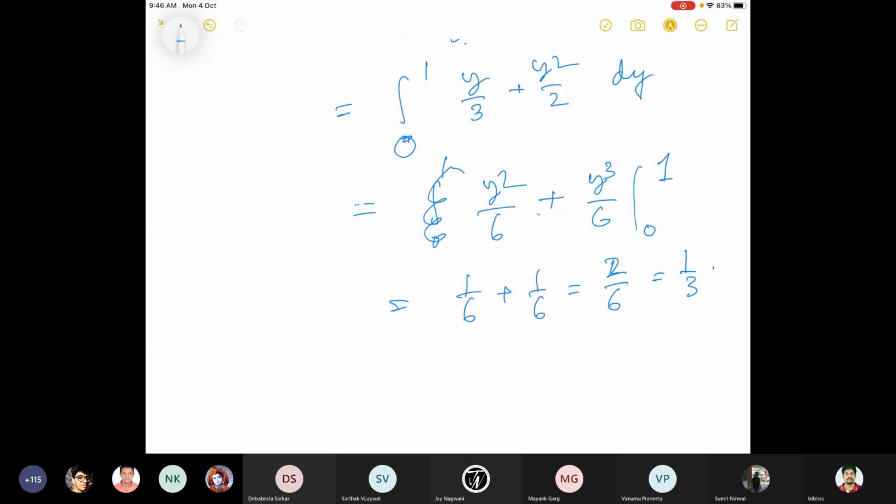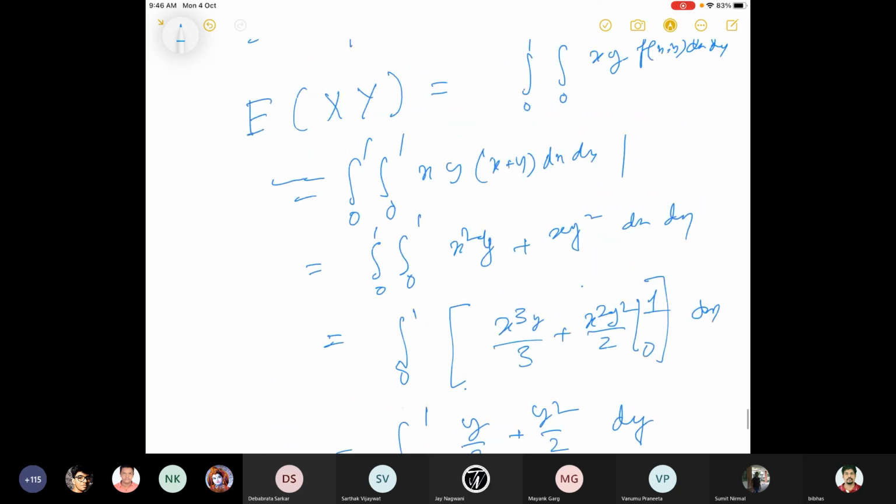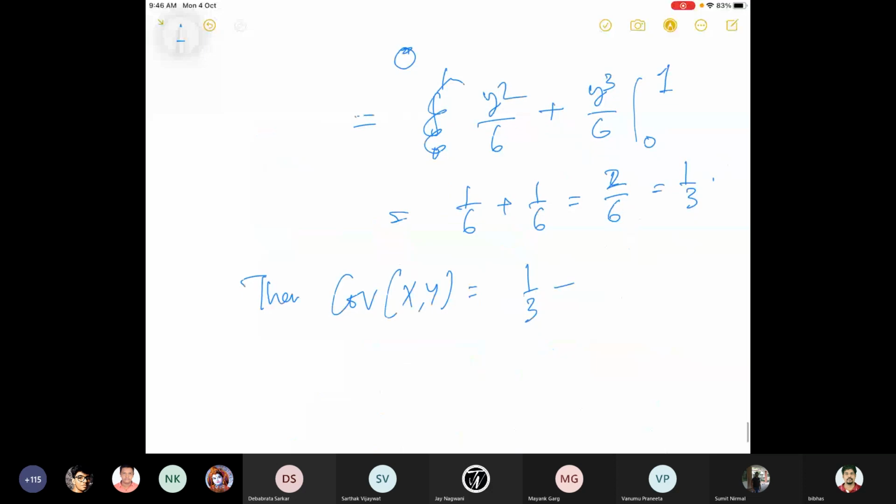Then what is covariance? Covariance of XY is 1 by 3 minus E of X times E of Y, which is minus 7 by 12 times 7 by 12.